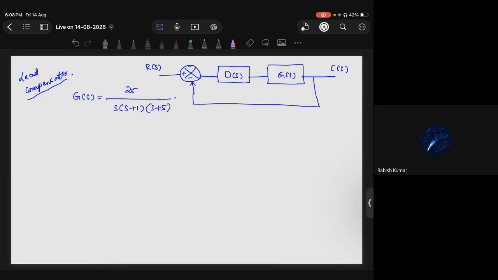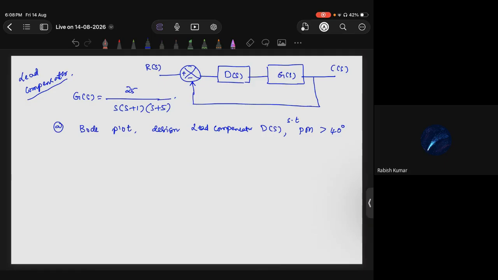The question is like this: draw the Bode plot first, and design D of S, the lead compensator, such that the phase margin is greater than 40 degrees.